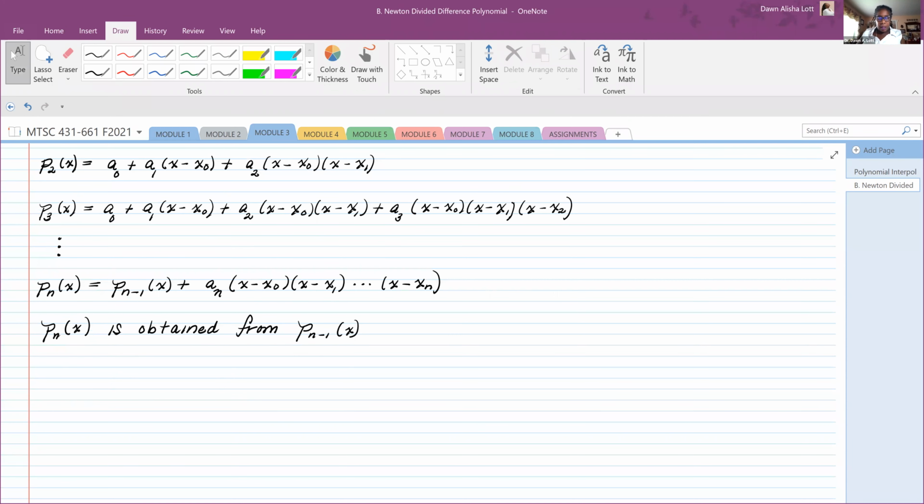Okay, all right. So how do we calculate these coefficients, A0 through An? The first thing we want to do is calculate the coefficients.